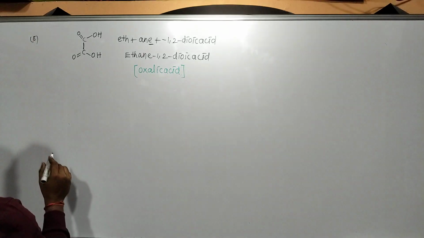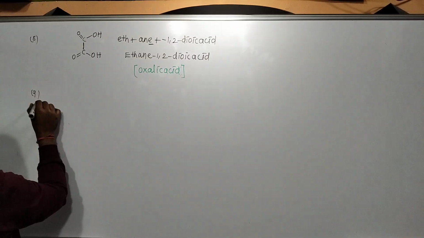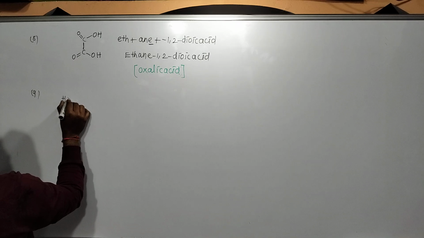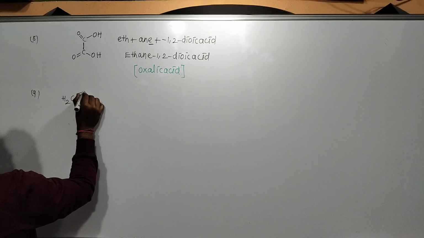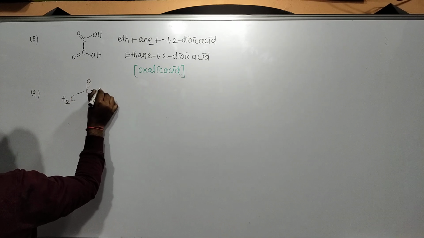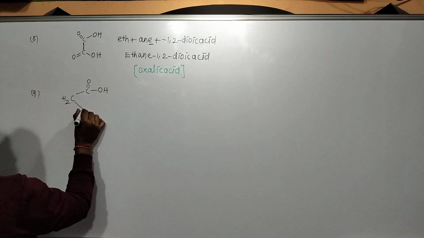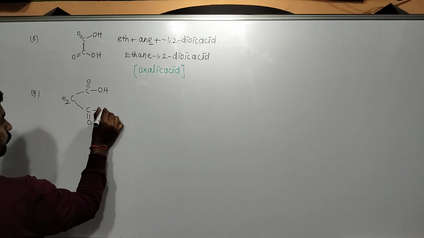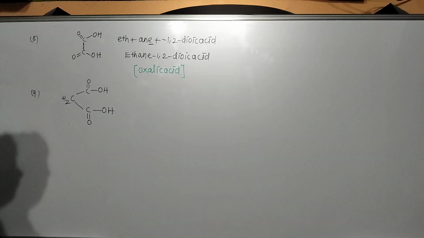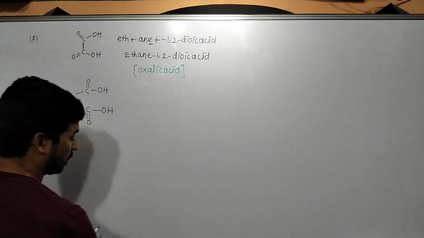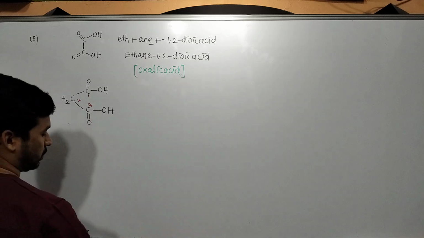Next. With 3 carbon atoms, 2 COOH groups. For this one, count the number of carbon atoms, 3 carbon atoms, numbering 1, 2, 3.